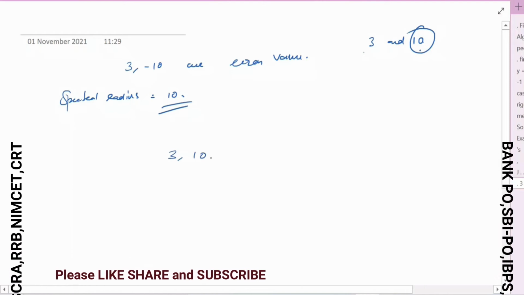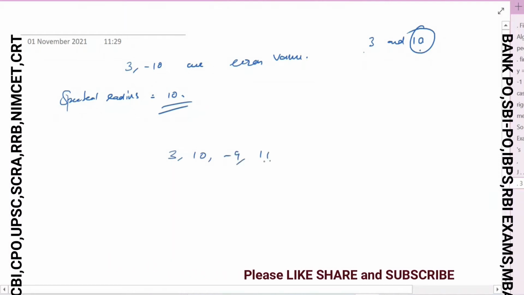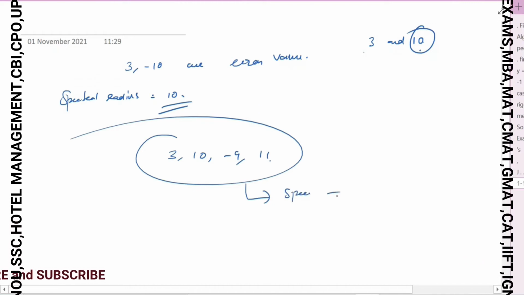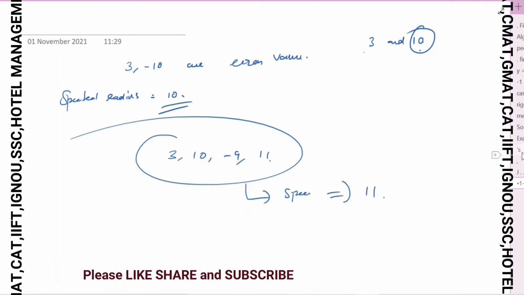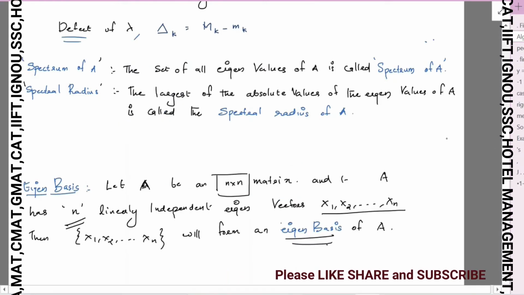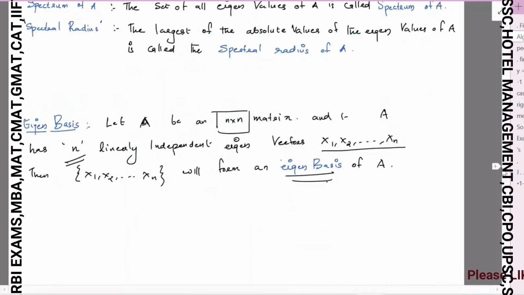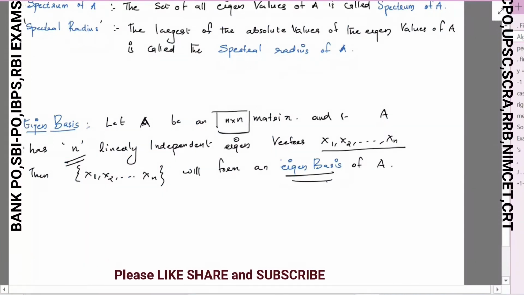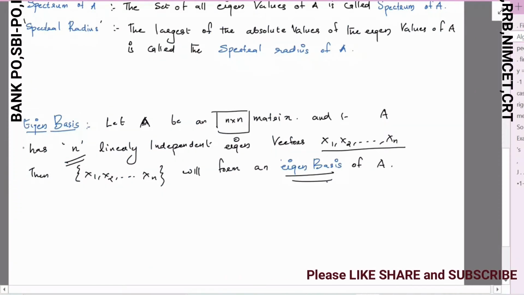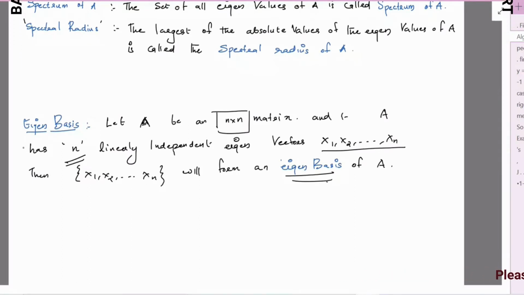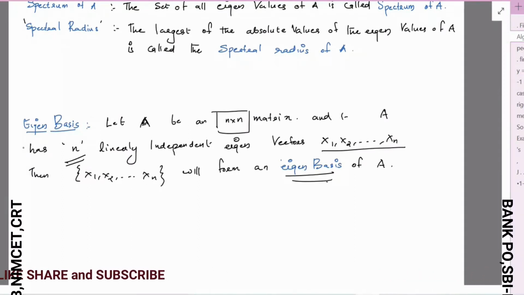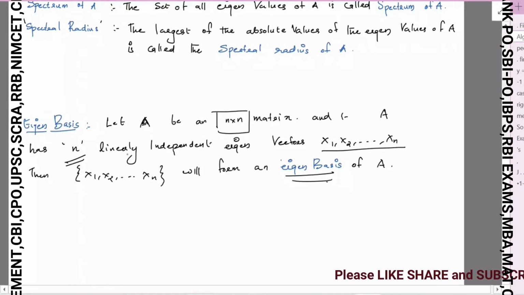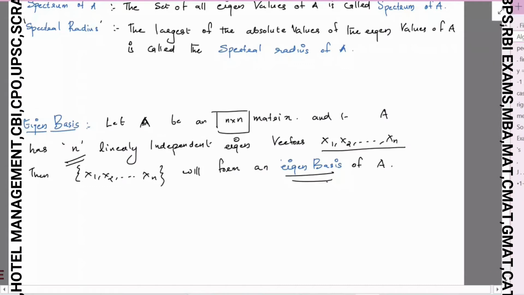Suppose 3, 10, minus 9, 11 are the eigenvalues, then the spectral radius will be 11. Okay. So that is what the spectral radius is. Then the next definition, which is called eigenbasis. What is eigenbasis? Suppose we are given an n by n matrix A, and suppose A has totally n linearly independent eigenvectors.